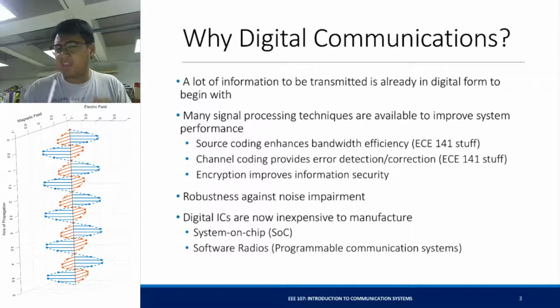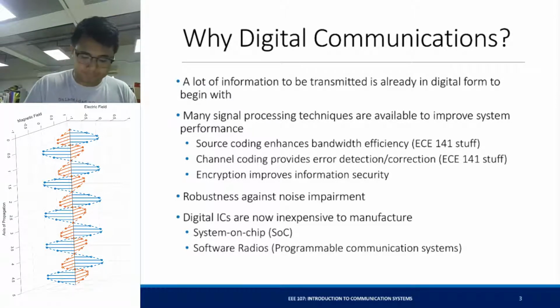So if everything is digital now, why did we need to study the analog part of your communication systems? Well, the analysis of a digital communication system is easier if you understand how an analog communication system works. So you'll see as we go along.